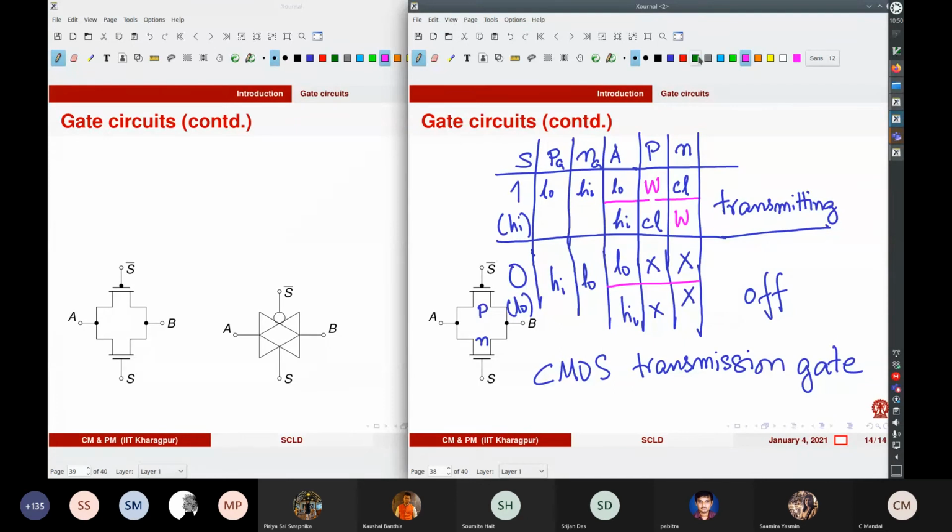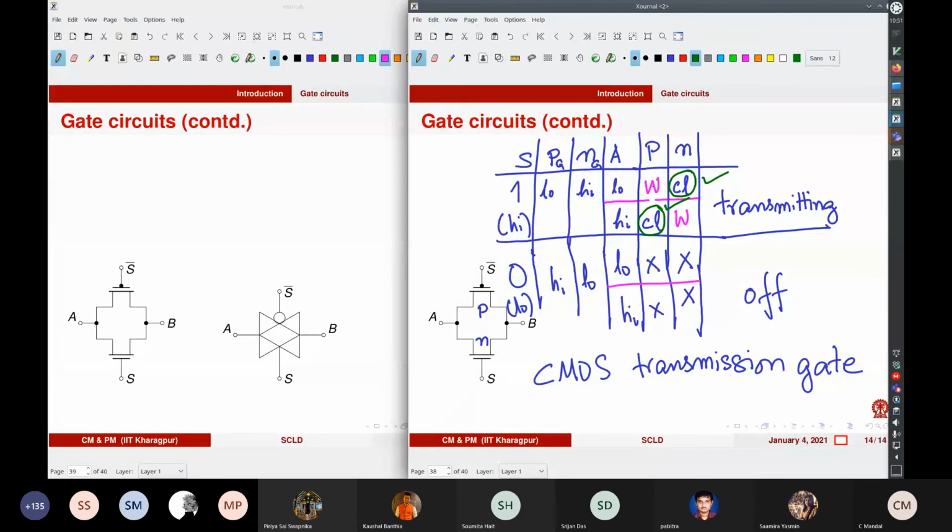Weak channel means here the channel is weak. So even if it is off, it doesn't matter. But it is not off; it is weak.